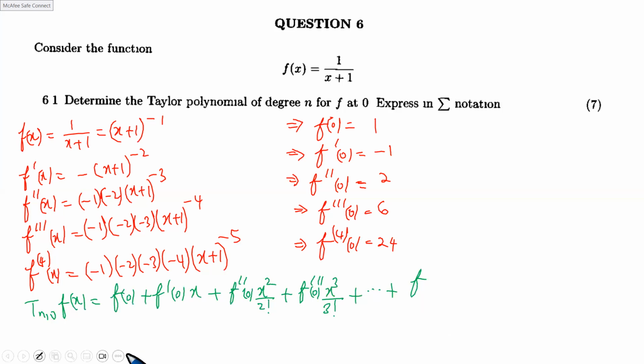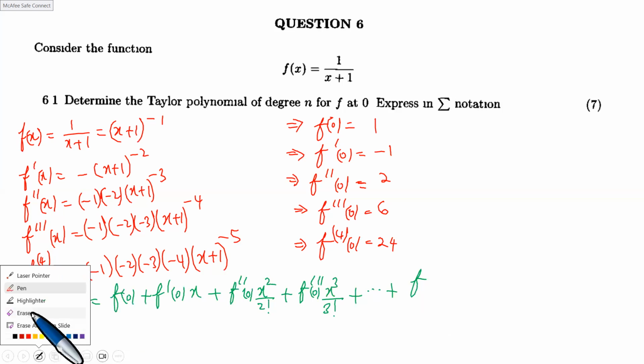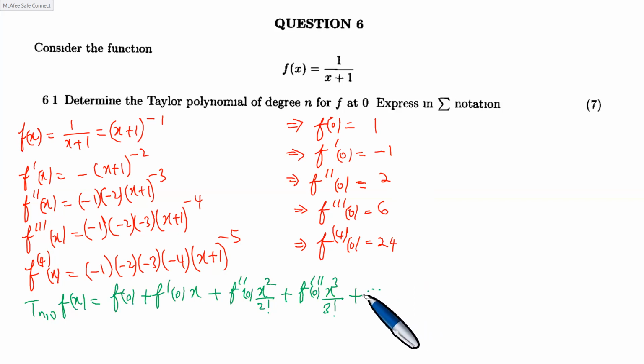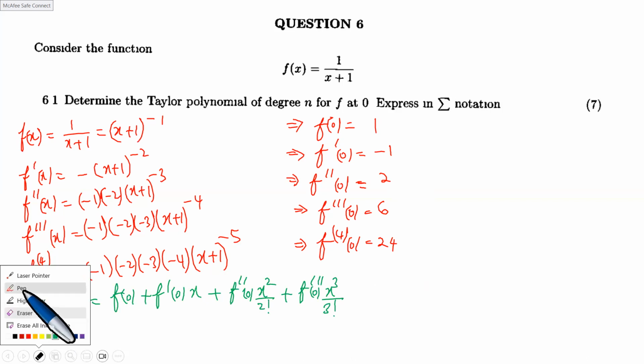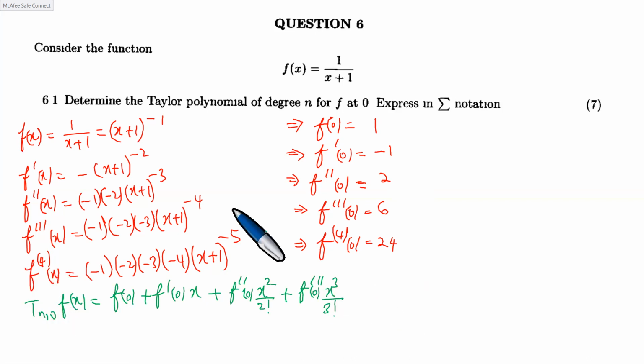Okay, let me just include a little bit more. But the pattern is visible, but the pattern becomes very important when we do the remainder, because you need to be able to see the nth derivative. So now here we're going to have the fourth derivative, x to the fourth over 4 factorial.